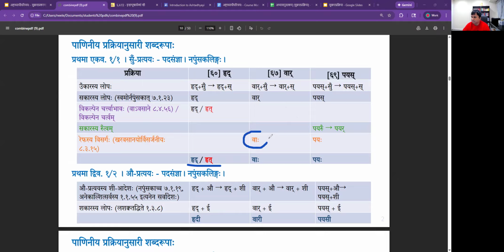But in between Payasu, because of the Sakar there, Sakarasya Rutvam and then Refasya Visarga. Very good. That's why I use the different colors. Very good. So final forms actually are same with the Visarga, but the Prakriya is different and you can clearly see it over here. One has a Rutva Visarga and other has just Visarga.